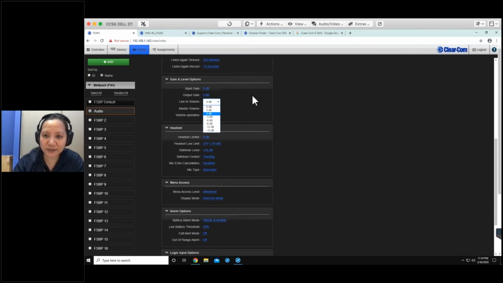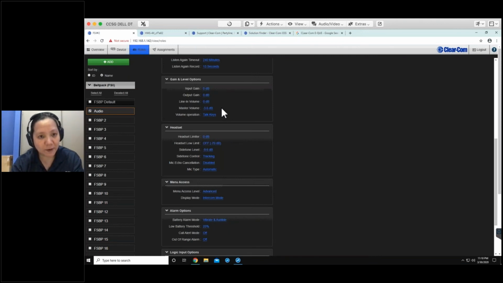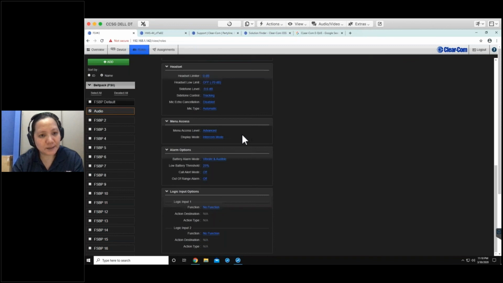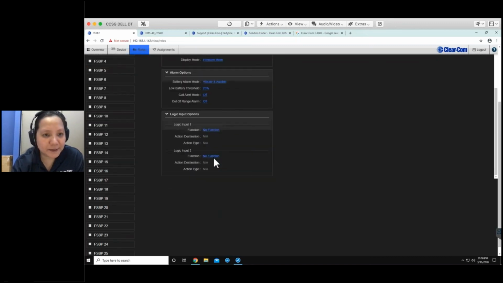I don't know if anyone has ever used it, but basically you could put in some external audio into the belt pack locally, and that's only for that belt pack. Okay, so these are just the belt pack settings. Oh, here the call alert on the belt pack.